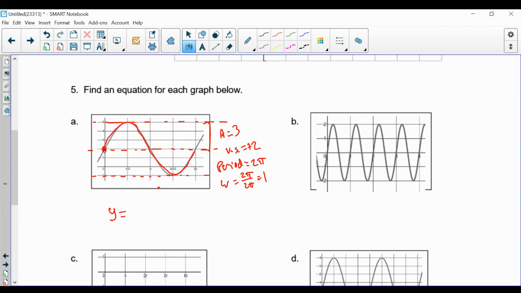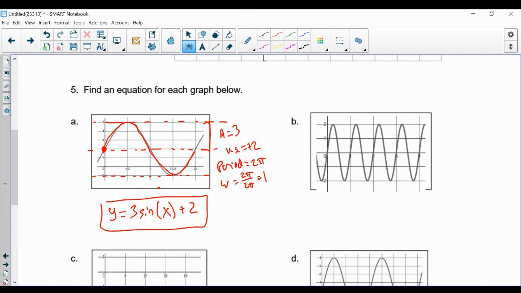And we're starting at the center, so it is sine. And it goes up, so it's positive sine. So positive 3 sine of, and it would just be 1x or just x, and then plus 2 at the very end. And that's the answer for number 5, A.